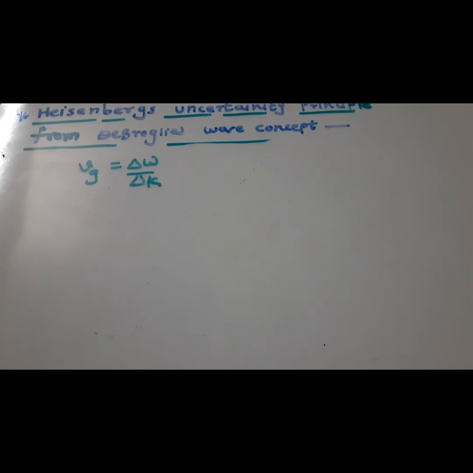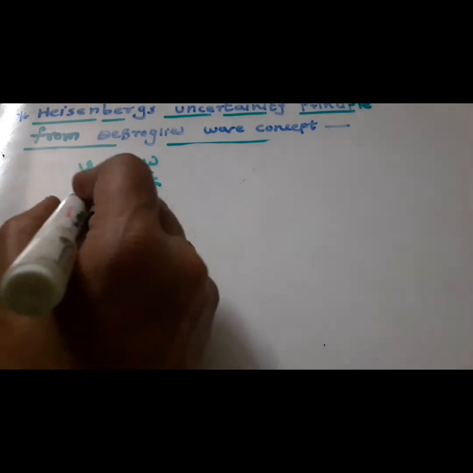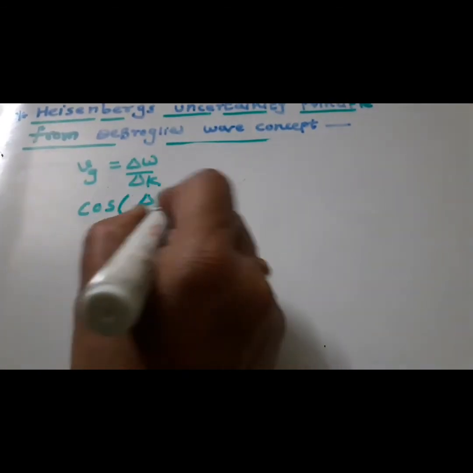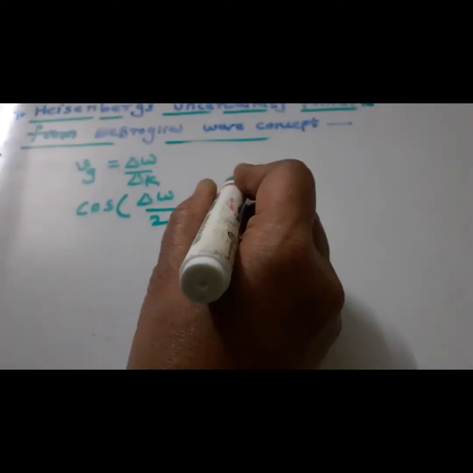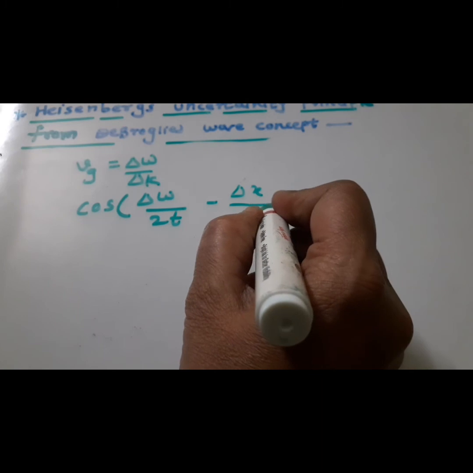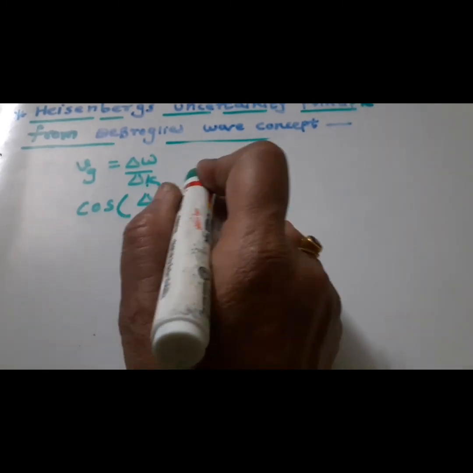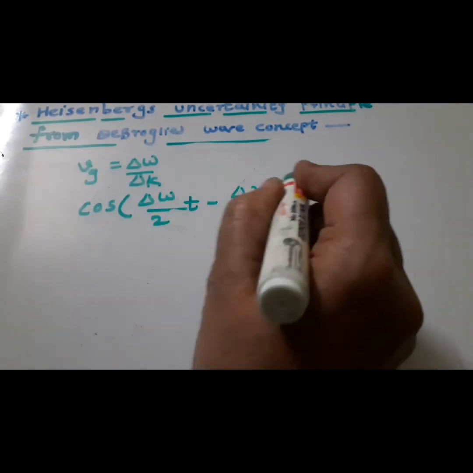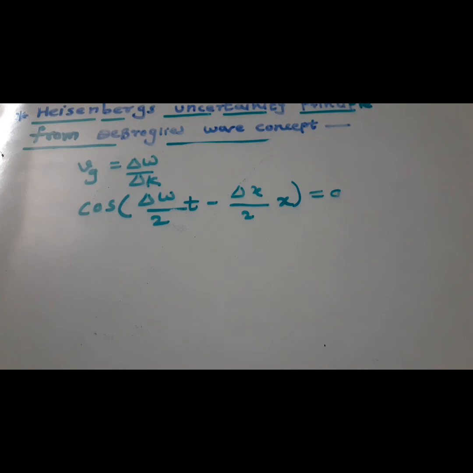Now the condition for the formation of the node is written as cos of (delta omega divided by 2 into t minus delta k divided by 2 into x) is equal to 0, isn't it?